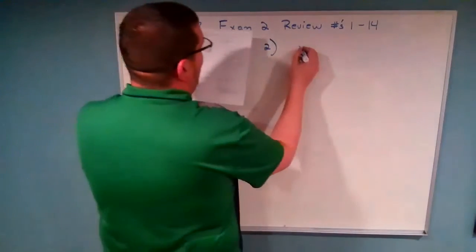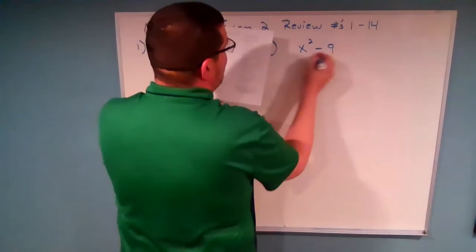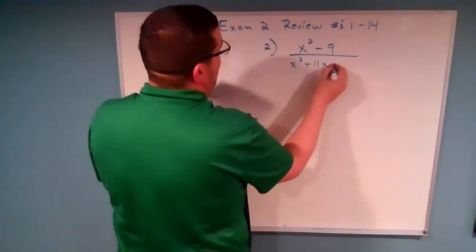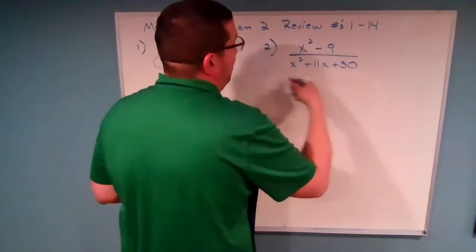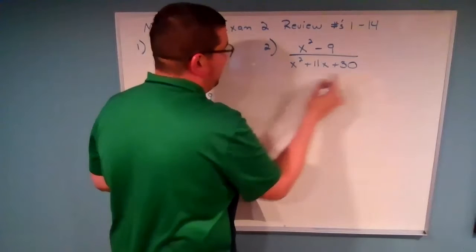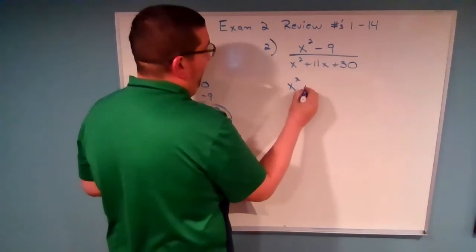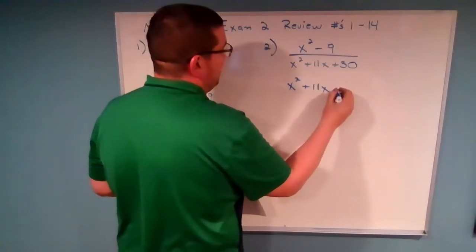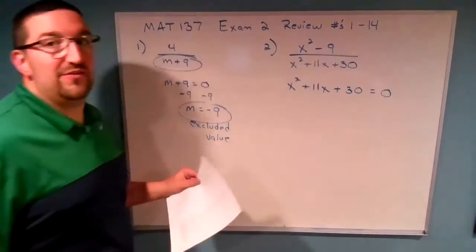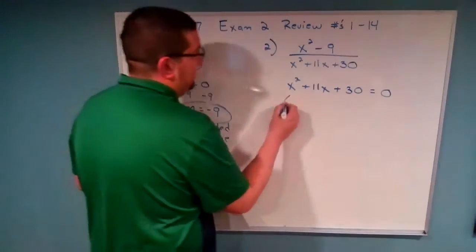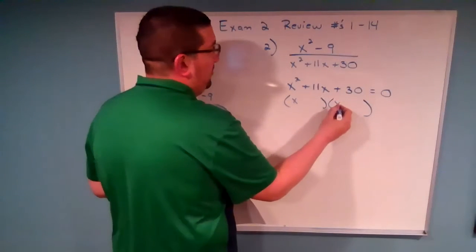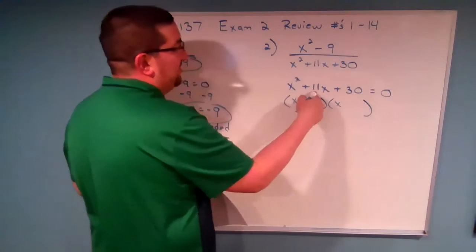Number 2, we have x squared minus 9 over x squared plus 11x plus 30. For excluded values, our numerator doesn't matter, only our denominator. So we have to figure out what makes x squared plus 11x plus 30 equal 0. That's going to require some factoring. So we have to factor by finding 2 numbers that multiply to 30 and add to 11.